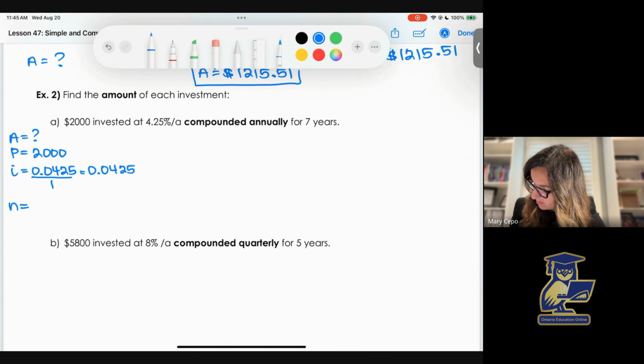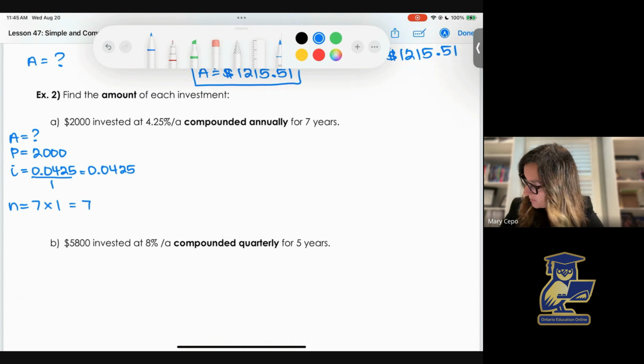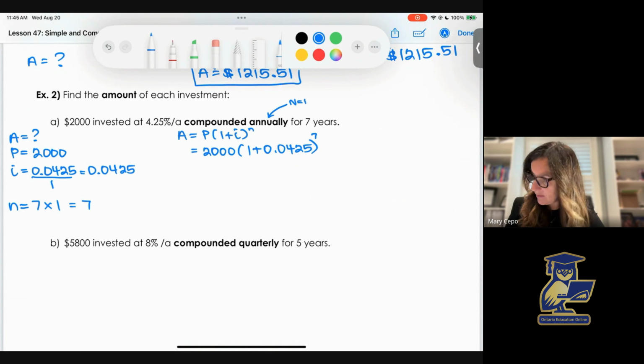Okay, n is the number of years, so 7 times the compounding period, annually, which is just 1. Keep that in mind. So amount is going to equal the principal times (1 plus i), all to the exponent of n. It's going to be 2,000 times (1 plus 0.0425), all to the exponent of 7.